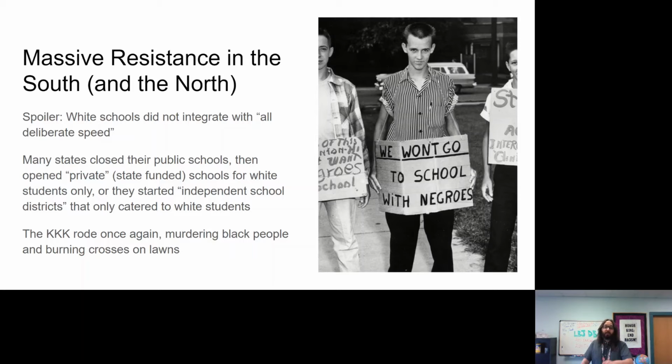Or they started what they called independent school districts, not run by the state, not run by the county, but run by themselves, that might technically be able to avoid the whole integration thing for a few more years, at least while they tie that up in court some more. Once again, the KKK sets out murdering black people and burning crosses on lawns and trying to kick black people out of neighborhoods.